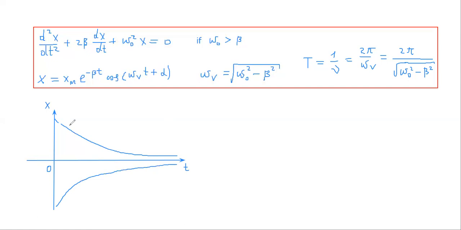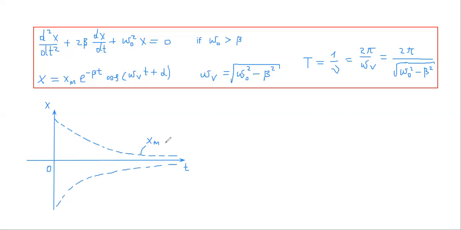I'll make these lines dashed. And this is xm.